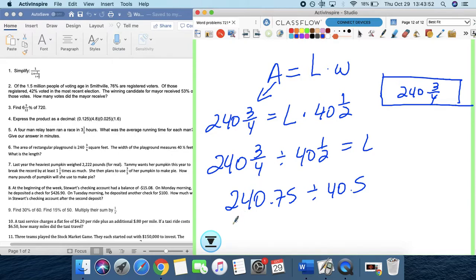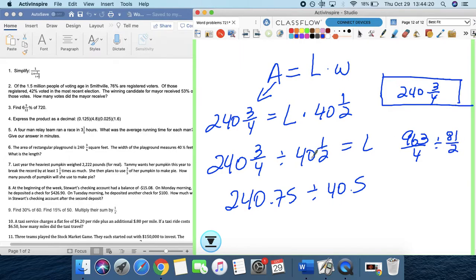Oh, let's stick to fractions. Let's see what I get. So 40 times 4 equals 160 plus 3, 963 over 4. So if I did it with fractions, I would get 963 over 4 divided by 81 over 2.